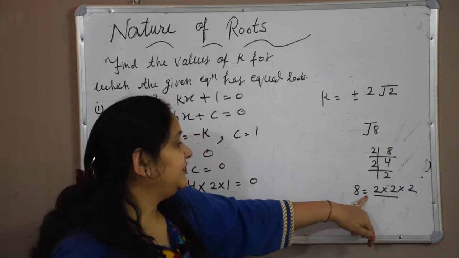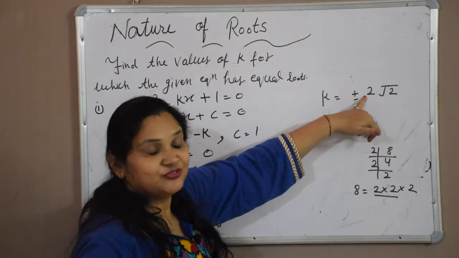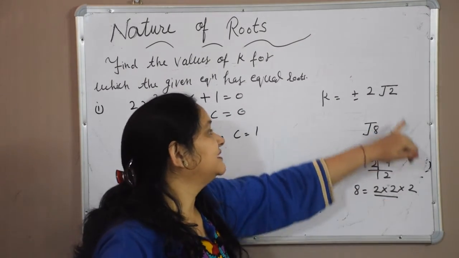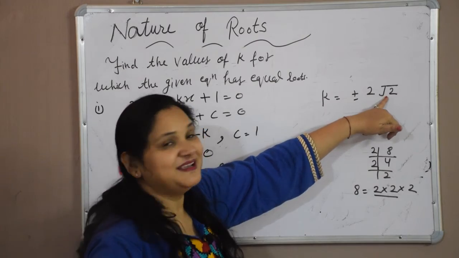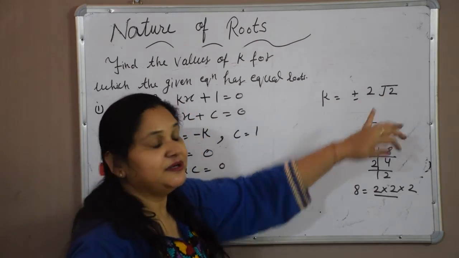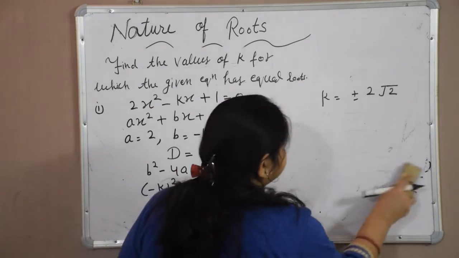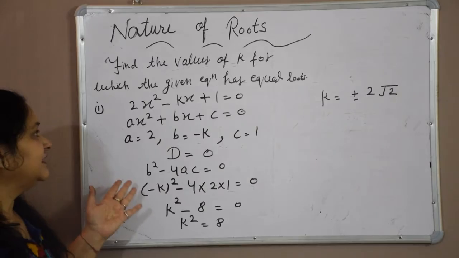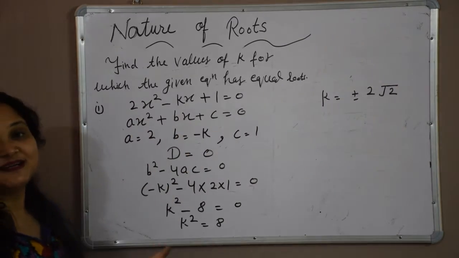Only one pair we are getting. That pair comes out of the under root, but this 2 is very lonely. It has no pair, so it will remain in the under root. So k is equal to plus minus 2 under root 2. We found the value of k whenever the roots are given as equal.